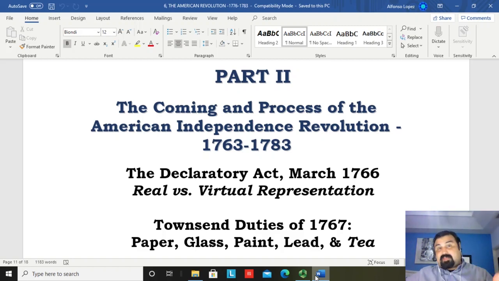Now they have to trade with the British exclusively, and they have to buy the products at the prices dictated by the British in many cases.